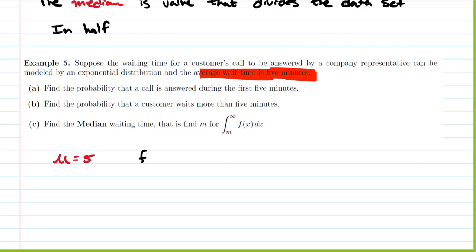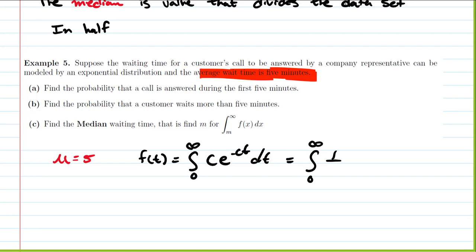So going through our chain of equalities, we have f of t is equal to c e to the negative c t, but we also know that c is equal to 1 over mu, so e to the negative 1 over mu times t.